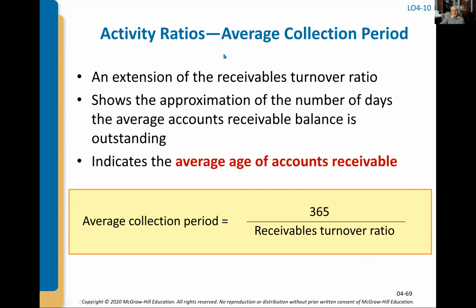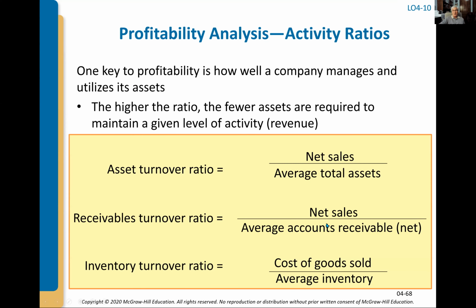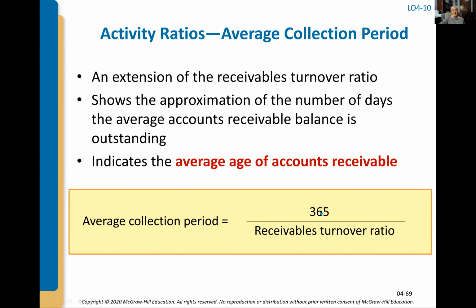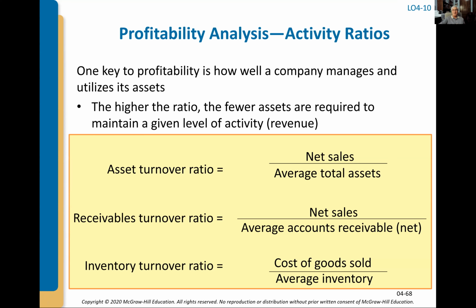You can take these activity ratios. Let's look at net sales divided by accounts receivable. Now I can take 365 divided by that turnover. Now I can understand what is their average collection period. Let's just do one, for example.